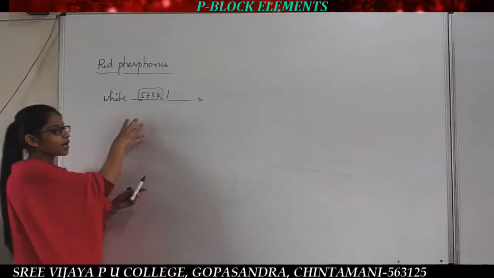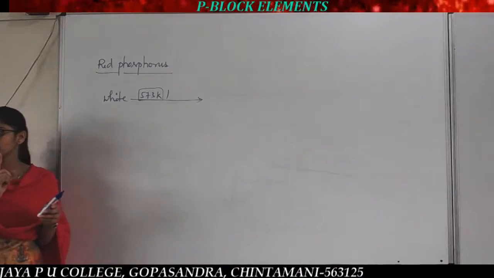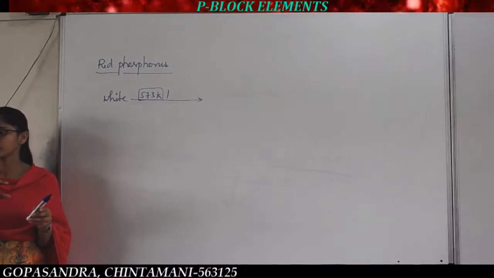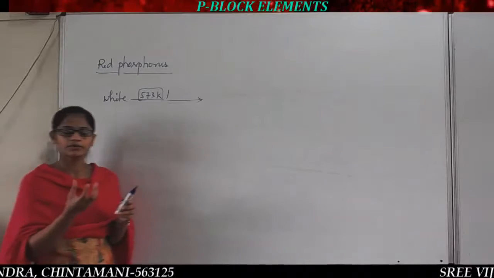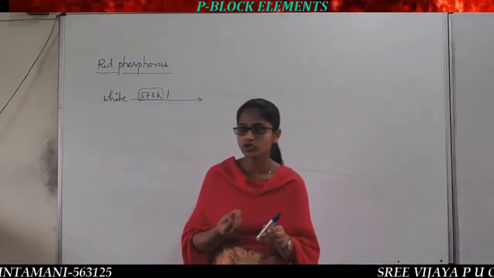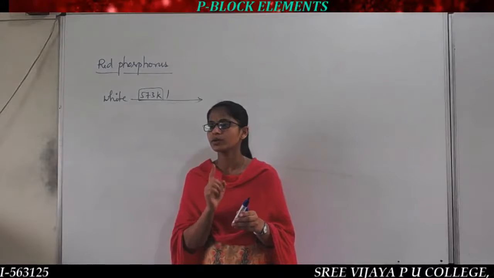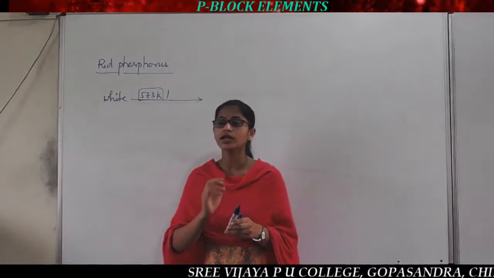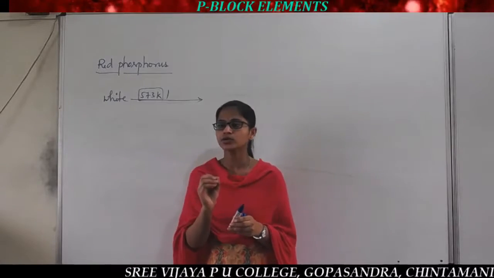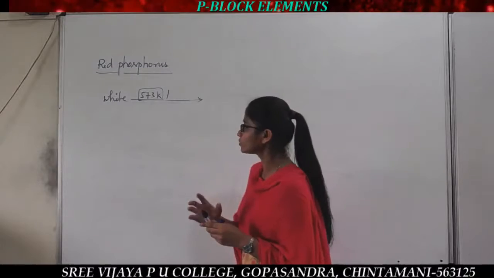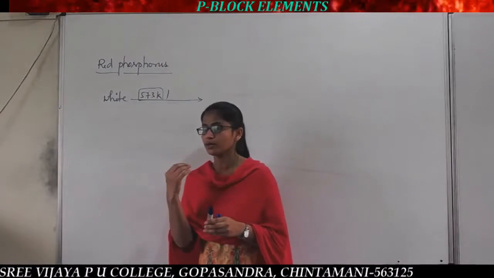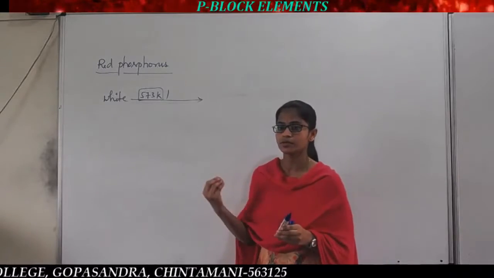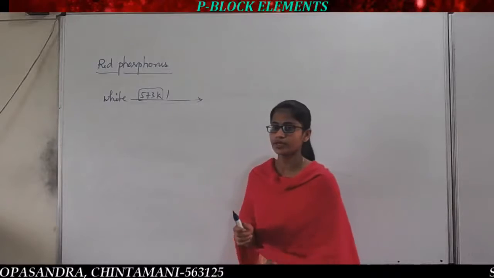For the reaction to happen, we have to make the surroundings inert. Whether we take the reaction container or the reaction mixture, the surrounding atmosphere must be made inert, especially to prevent reaction with nitrogen. White phosphorus is very reactive towards nitrogen, so we have to provide inert conditions around the white phosphorus when it is heated at 573 Kelvin.